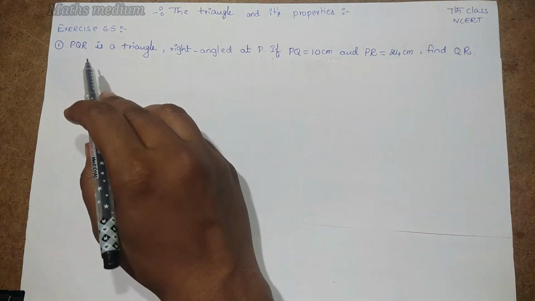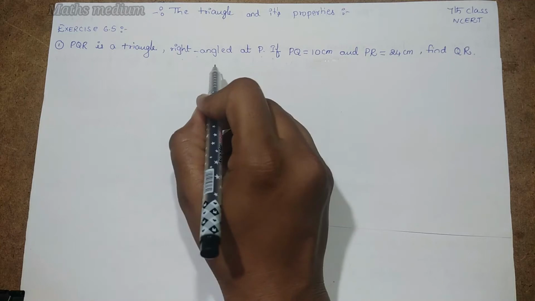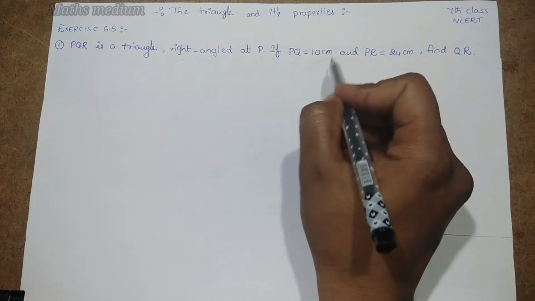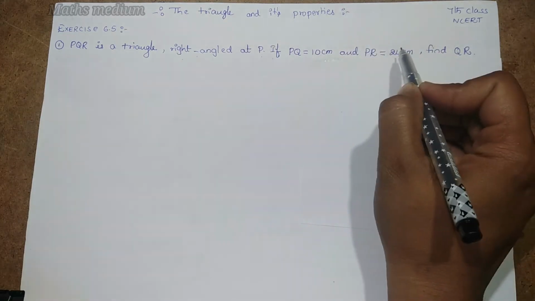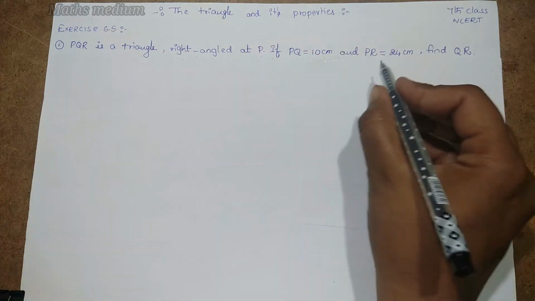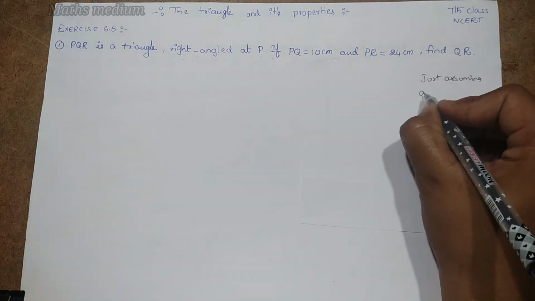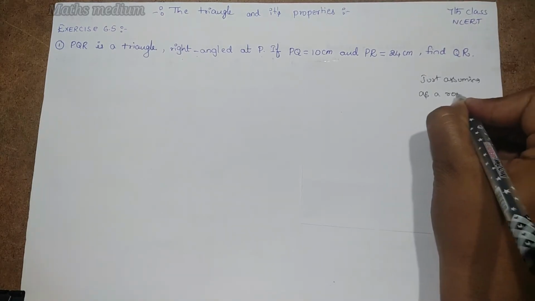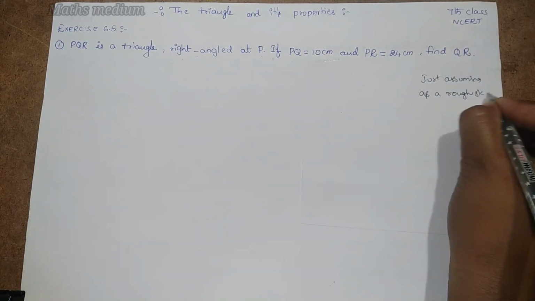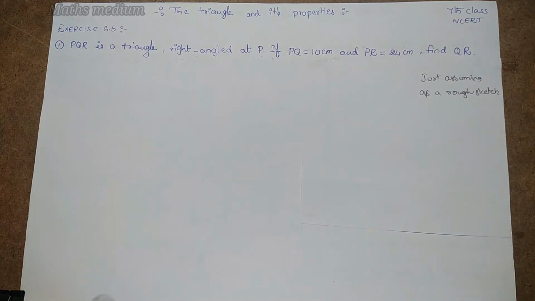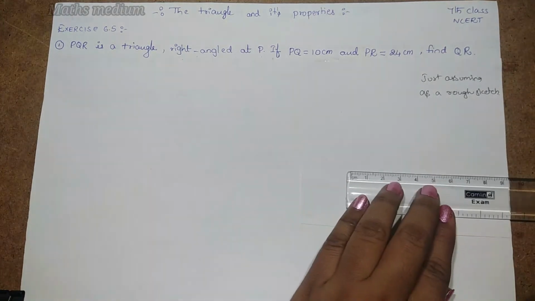Now let's take a triangle PQR that is right-angled at P. If PQ is equal to 10 centimeters and PR is equal to 24 centimeters, here I am just assuming a rough sketch for the better understanding purpose only. Let's take PQ is equal to 10 centimeters.